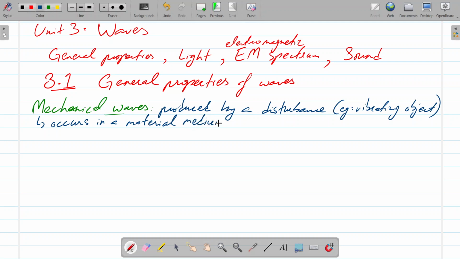Material medium meaning matter, so you need matter to be present for these waves to occur. And they are transmitted due to the particles of the medium that are vibrating about a fixed position.